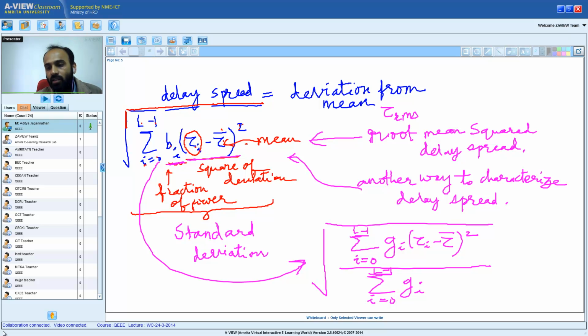So this is summation of Gi times (tau i minus tau bar) squared, divided by summation of Gi.